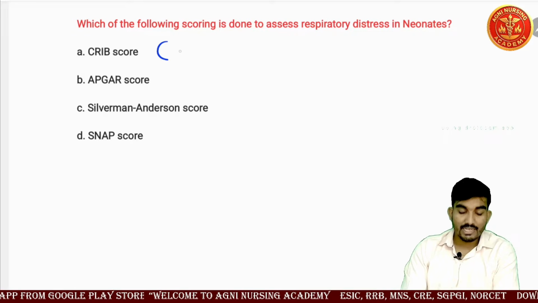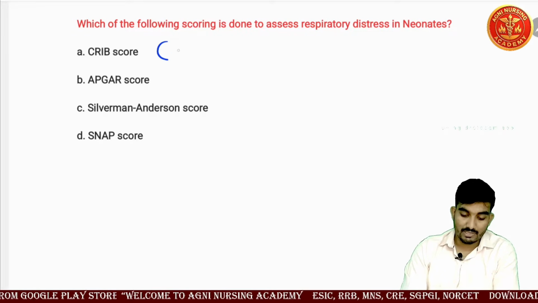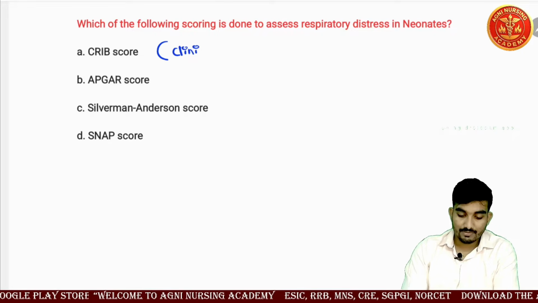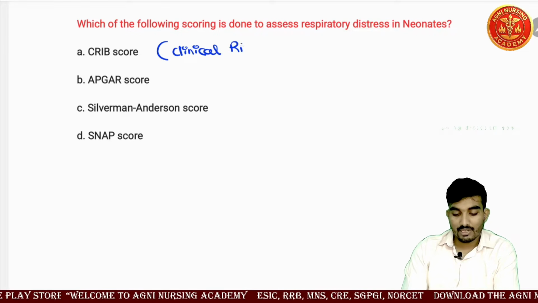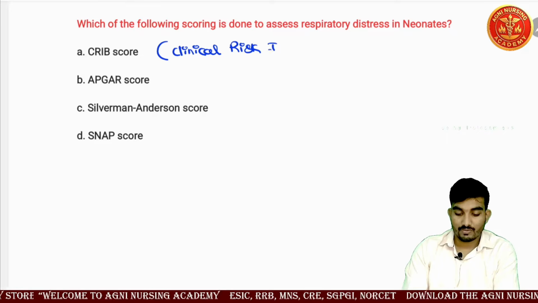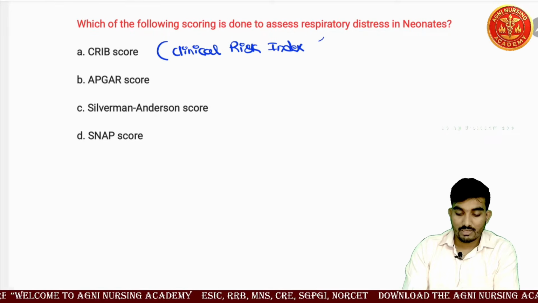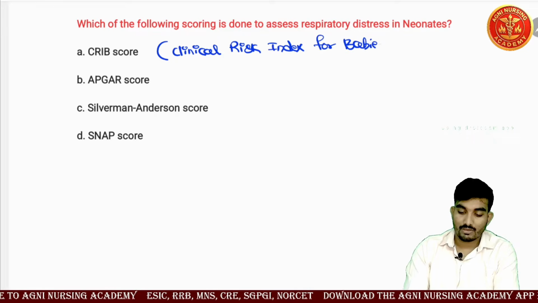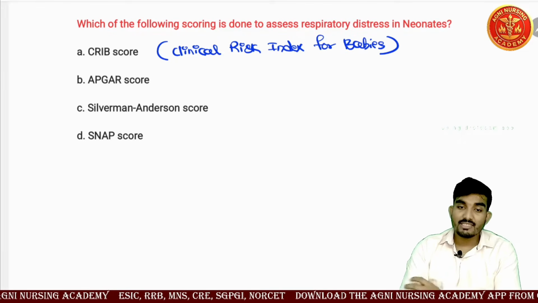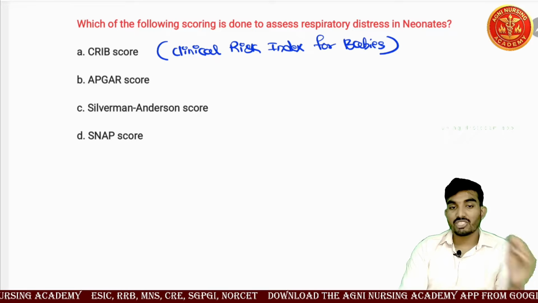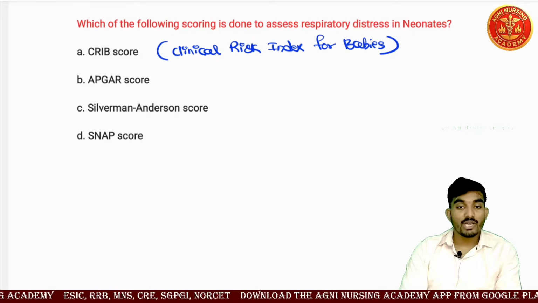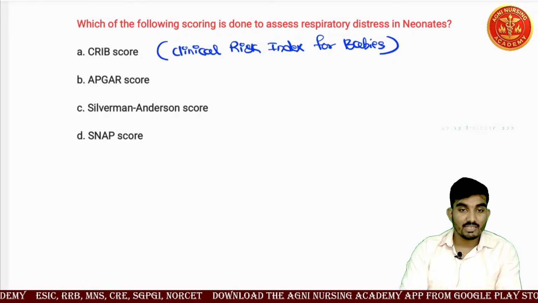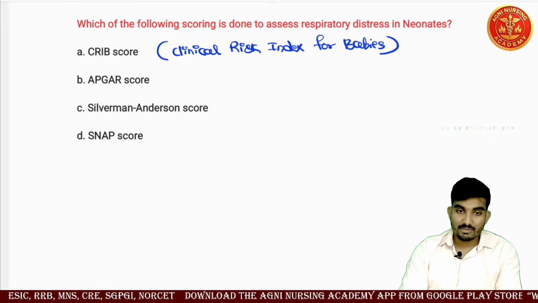CRIB means Clinical Risk Index for Babies. In this, we'll assess the child and predict the mortality and morbidity of the child, especially in preterms.